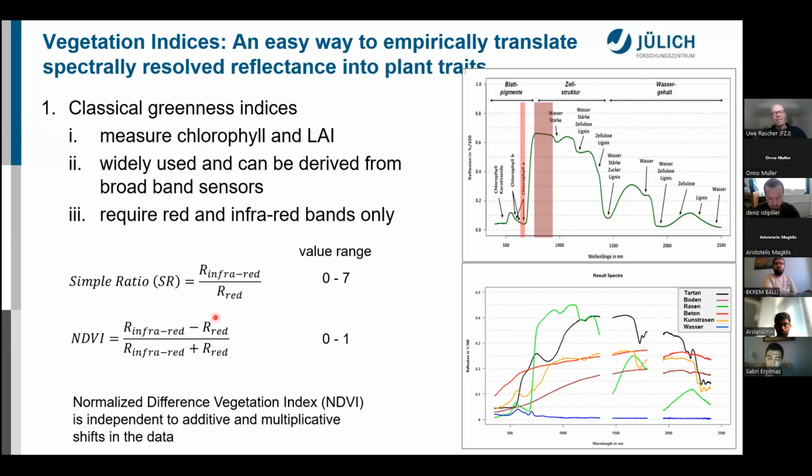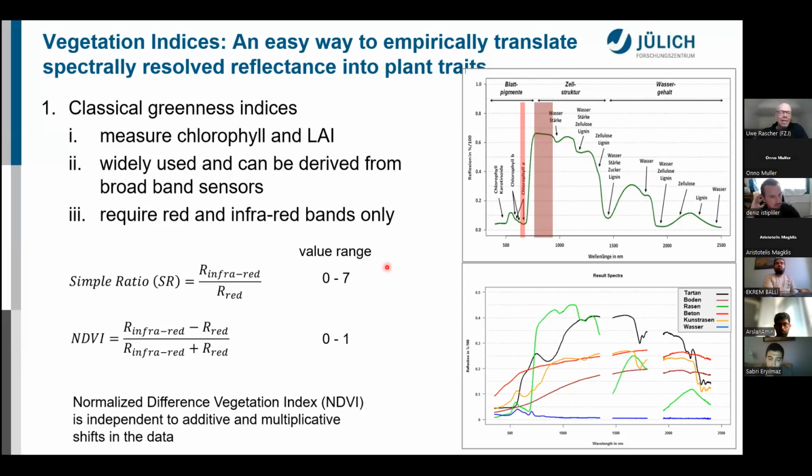This was just the ratio between the reflectance in the near infrared and the reflectance in the red, knowing chlorophyll absorbs a lot here, and does not absorb at all here in the near infrared. So you take two closely related wavelength regions, you take the ratio of these, and you calculate this simple ratio where you say, well, the higher it is, the higher the difference, the more chlorophyll is available.